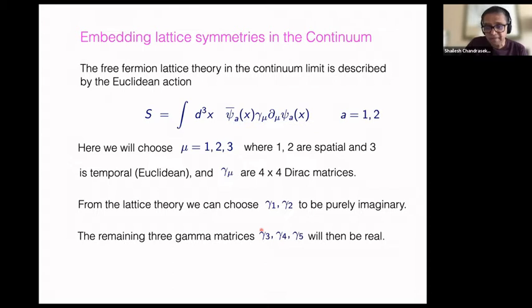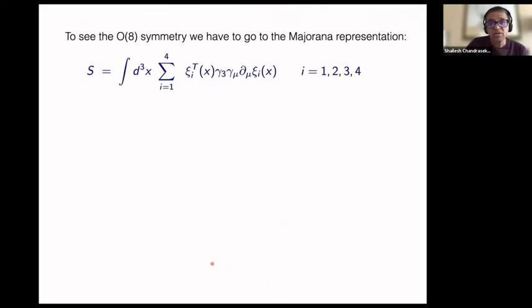They'll be symmetric. And if you work it out, actually the symmetry of this theory is not U4, but O8. This is something that I was quite puzzled by, and apparently in condensed matter this is a very natural way to think about the symmetry. The way to think about it is to think not about psi bar and psi, but about Majorana representations.